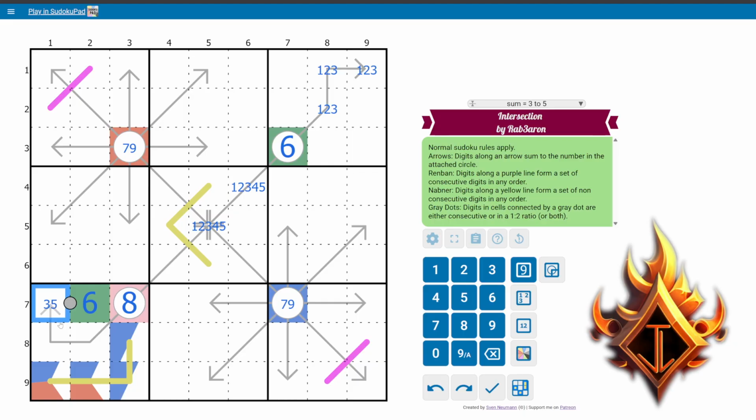Now if that is 5, it is a 1, 2. If it's a 3, it's a 1, 4. So 1 is here with 2 or 4. 2.